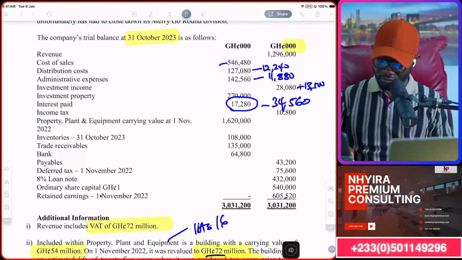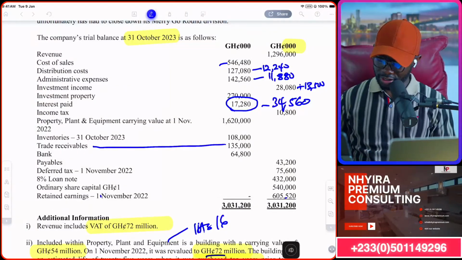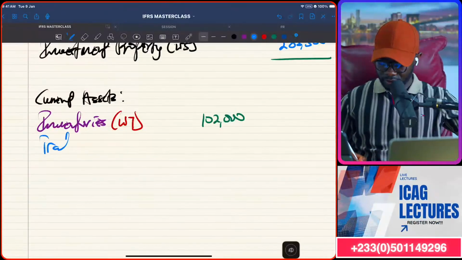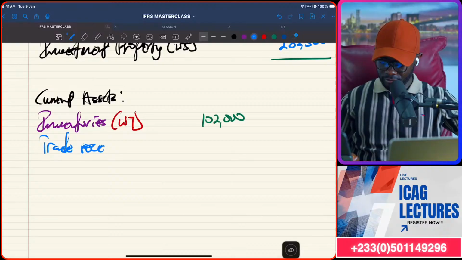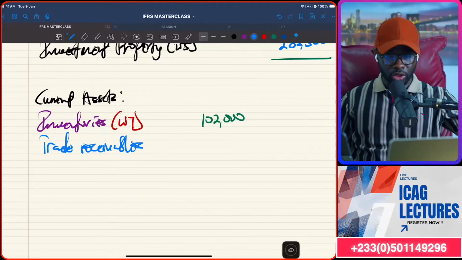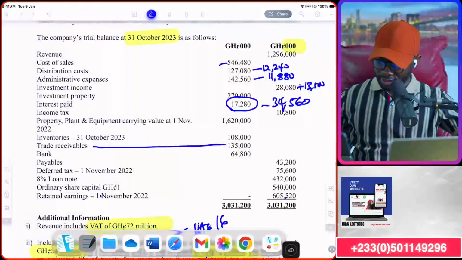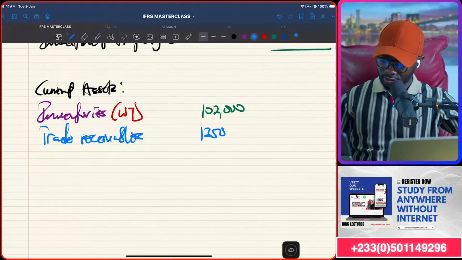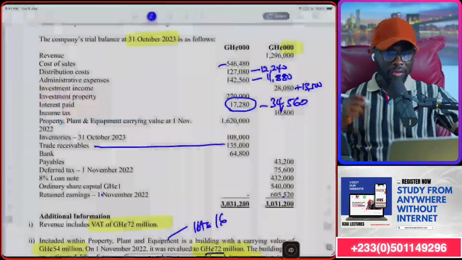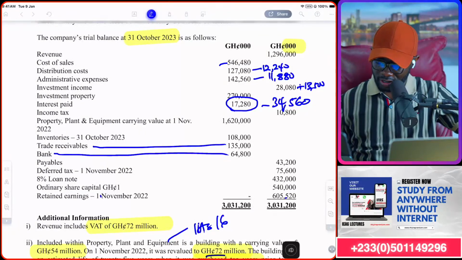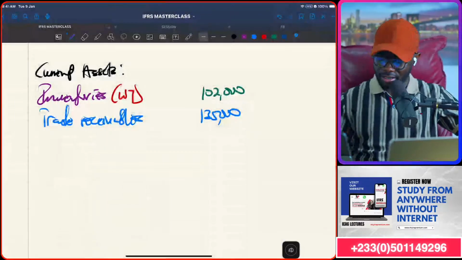What else we have as a current asset? Do we have receivables? Yep. You can see trade receivables there. So trade receivables, we bring in 135,000. How about cash and bank? We see bank on the debit side, that's an asset.